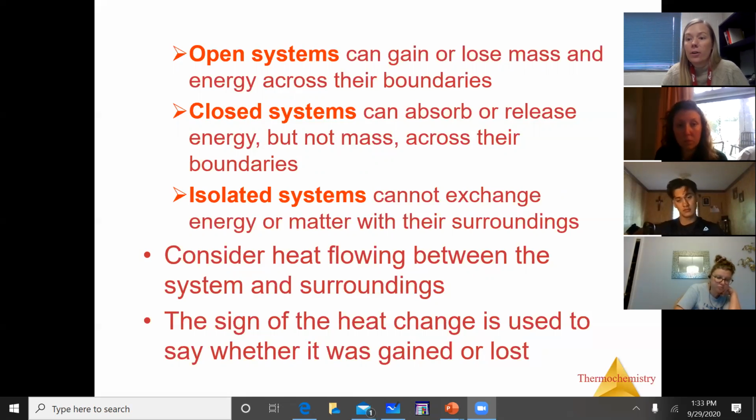When we're dealing with what's called a closed system, we can absorb or release energy, but we can't transfer mass. That situation with the piston, where we had the gas molecules in an enclosed container, we would say is a closed system. We can transfer heat and energy, but the gas won't escape. In an isolated system, we can't exchange either energy or matter with the surroundings.